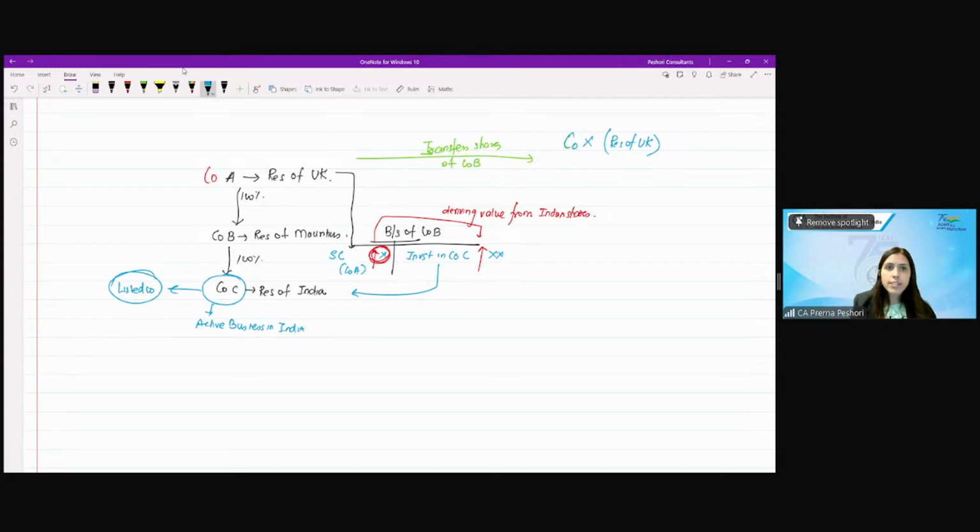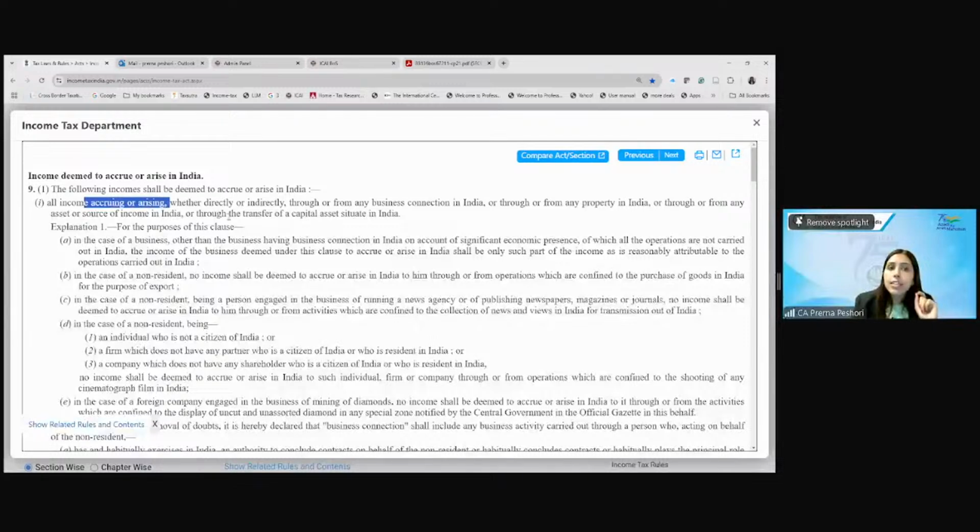Because what does the Act say? The Act says, all income accruing or arising through the transfer of a capital asset situated in India. So if I sell the shares of company C, there would be income deemed to accrue or arise in India, right?